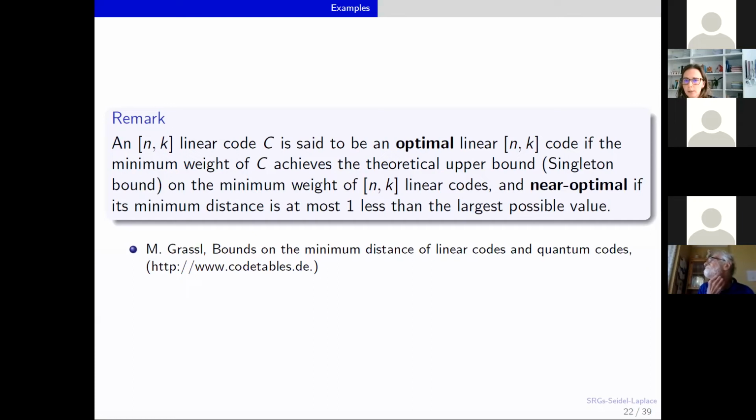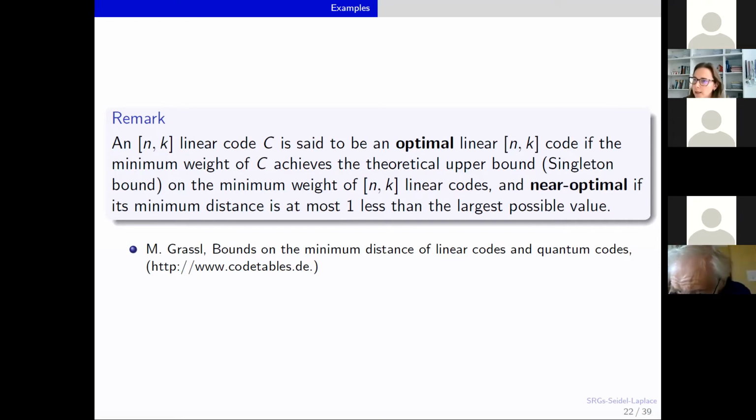When I say an optimal linear code, I mean that an [n,k] linear code is said to be optimal if the minimum weight of C achieves the theoretical upper bound, here I mean the Singleton bound, on the minimum weight of [n,k] linear codes, and we will call it near optimal if its minimum distance is at most 1 less than the largest possible value.